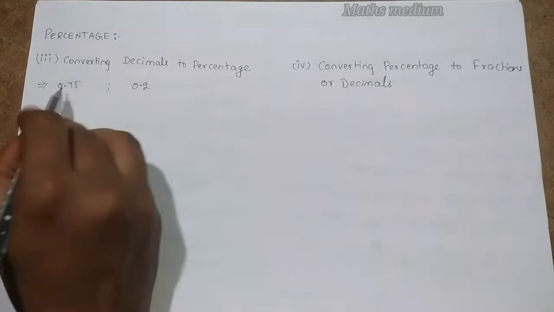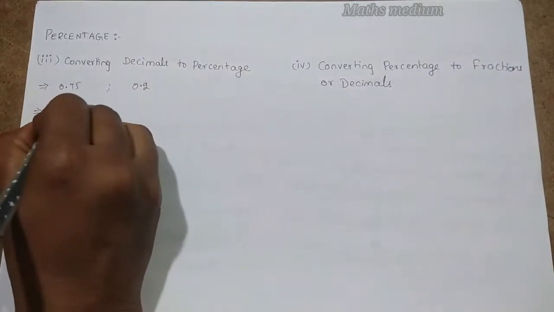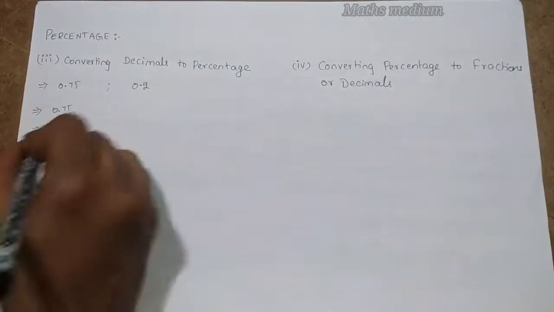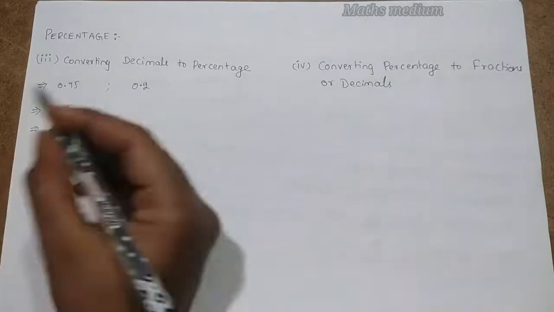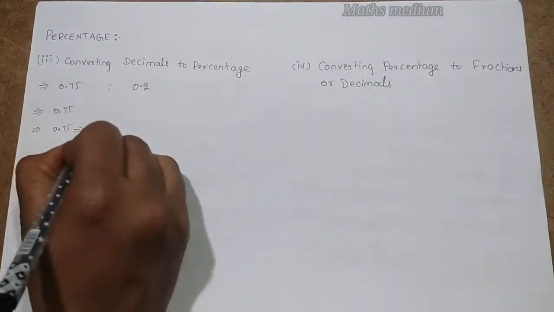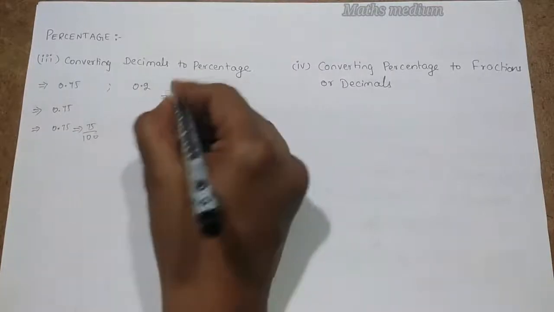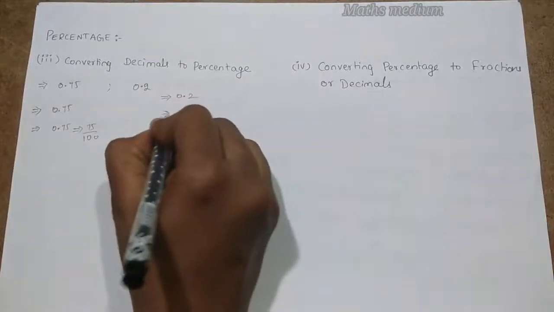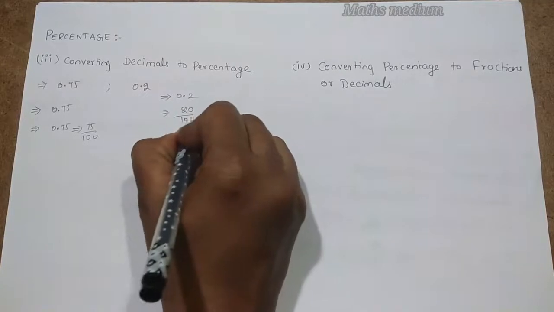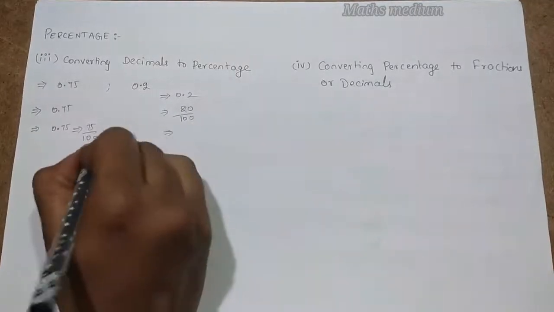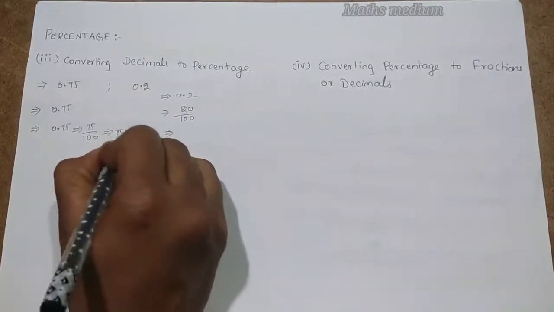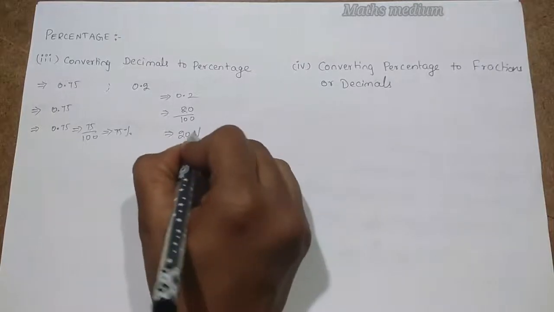Let's start with 0.75. Make it into a fraction: 75 divided by 100. Similarly, 0.2 is 20 by 100. Now we can write it as 75% and this is just 20%.